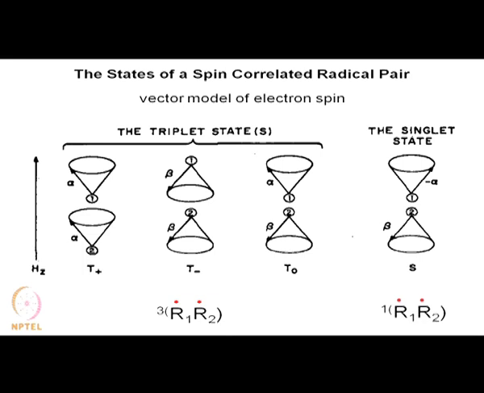And of course, it depends on the distance also: when they are very far apart, there is virtually no interaction. So above 10 angstrom there is virtually no interaction, but if it is within 10 angstrom, then singlet and triplet will follow different potential energy curves. And if a radical pair is in the singlet state, then the option is recombination. If it is in the triplet state, the option is cage escape.